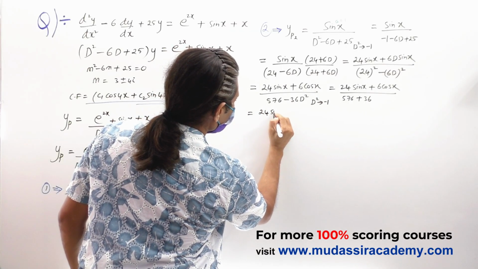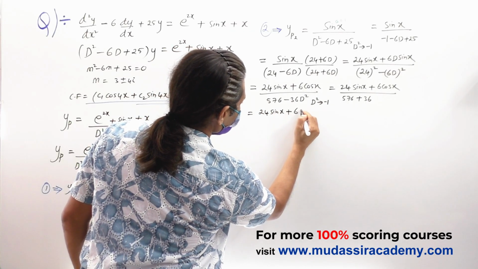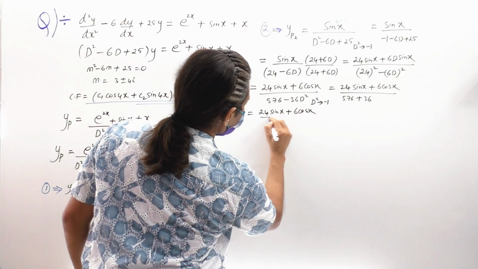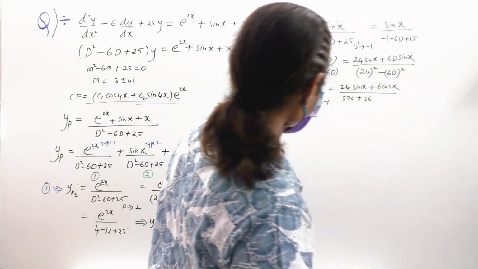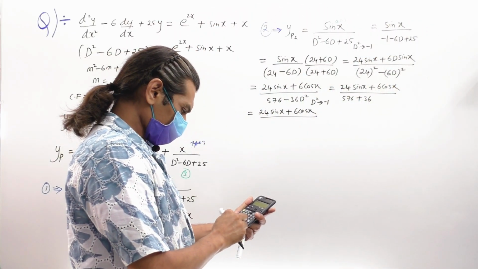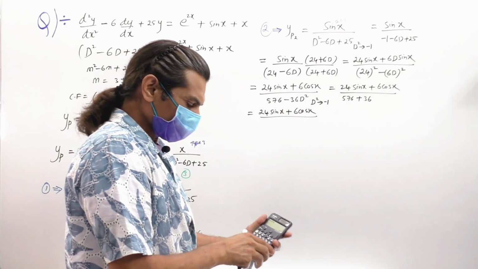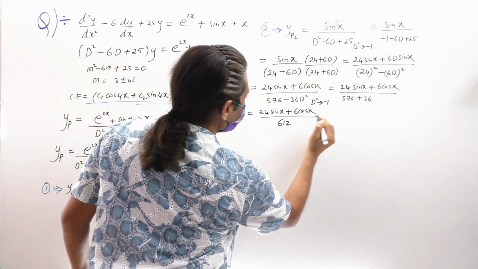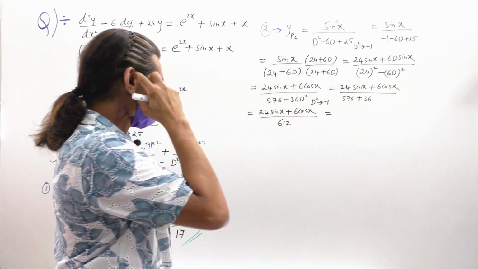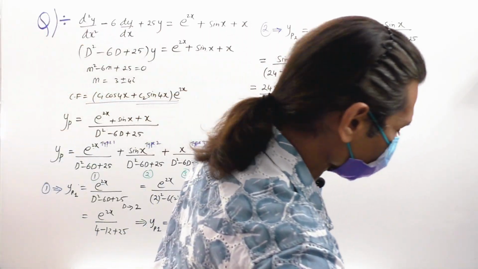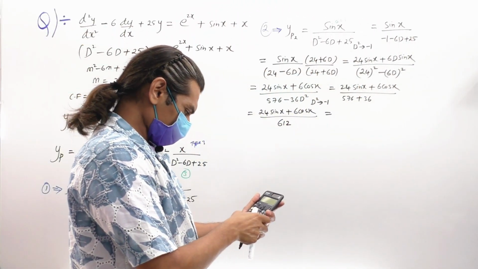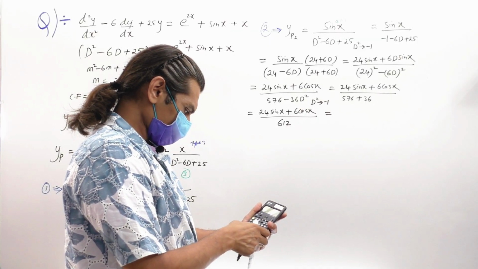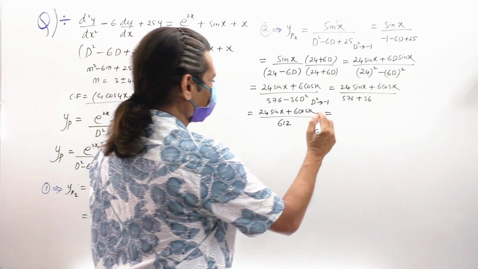Now we have 24 sin x plus 6 cos x divided by, so what is 576 plus 36? 576 plus 36 gives 612. Now if you want to simplify it further, you can. What is 24 by 612? 24 divided by 612 is 2 by 51.